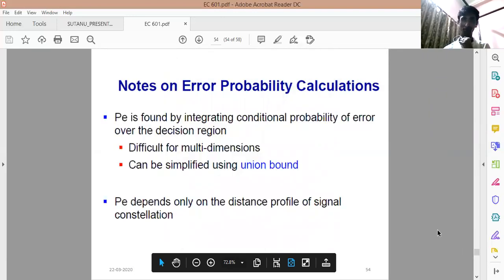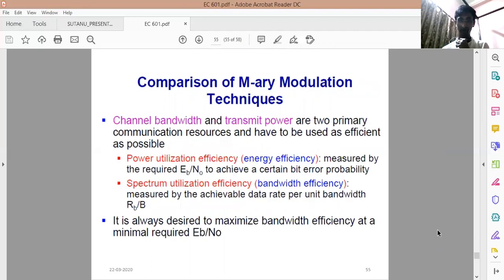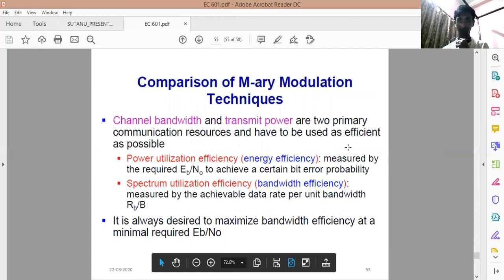You can note it, the very important measure and probability of error calculations. Comparison, I told you everything. There are two most important parameters: energy efficiency and bandwidth efficiency.